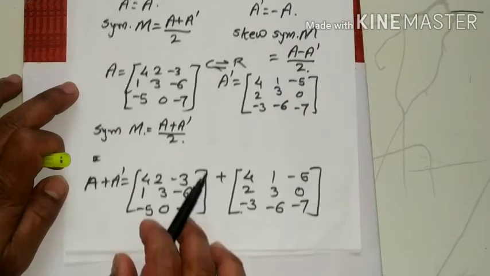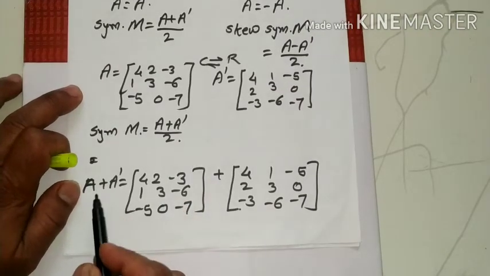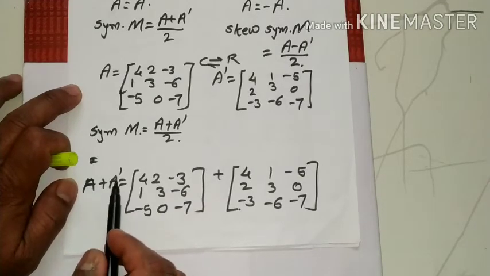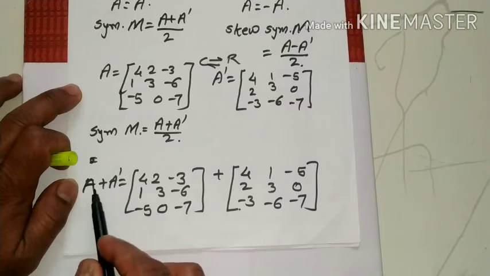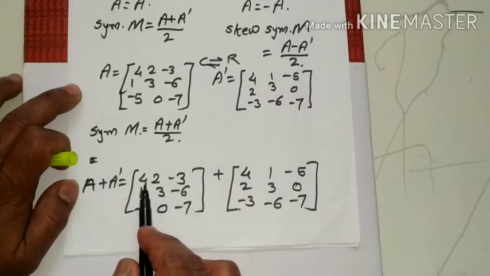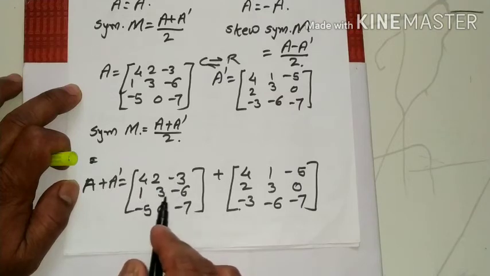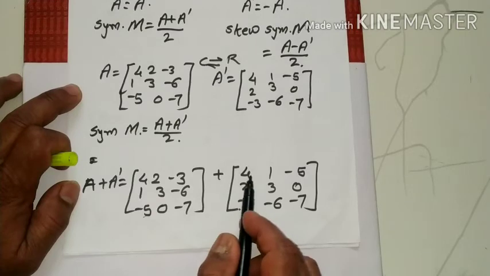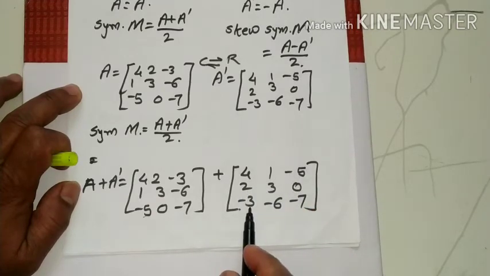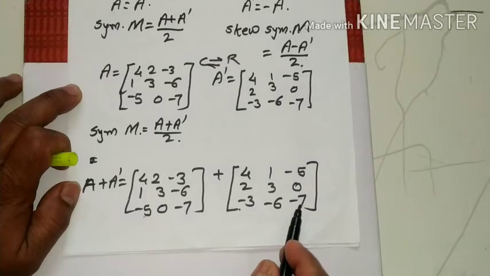First we want to add matrix and its transpose. So write A plus A dash. Matrix A 4 2 minus 3, 1 3 minus 6, minus 5 0 minus 7 plus 4 1 minus 5, 2 3 0, minus 3 minus 6 minus 7.